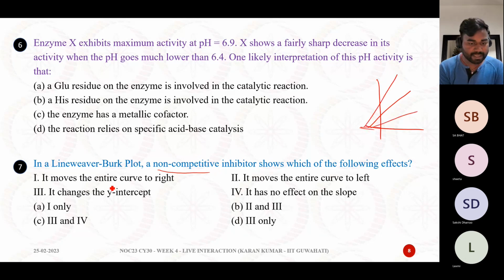Is it moving the entire curve to the right? This option is wrong. It moves the entire curve to the left. This option is also wrong. It is not moving the curve, but it is changing the slope and intercept. It changes the intercept and it has no effect on the slope. Sorry, non-competitive inhibitor. So which option will be correct?